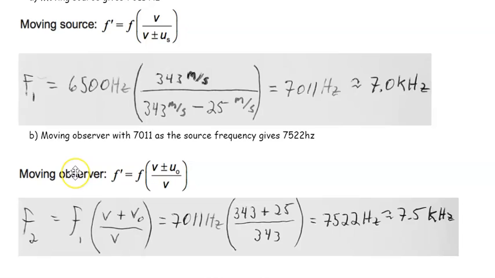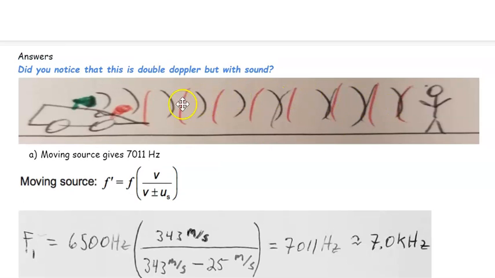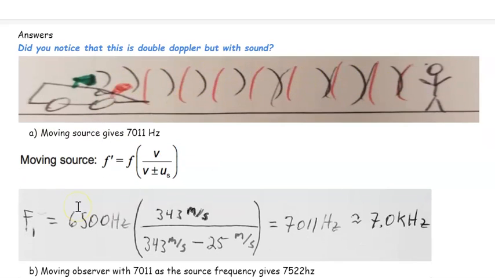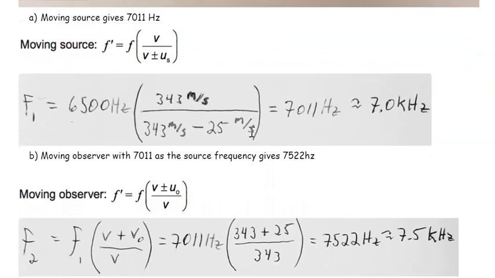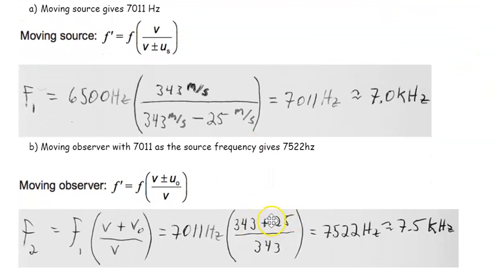And now we have a moving observer because it's the microphone in the car that's racing towards the sound coming back to the car that actually has reflected, right? Which is why we have double Doppler for sound. In any case, very straightforward. We're in the top. Since we're moving towards each other, we want this frequency to get even higher.